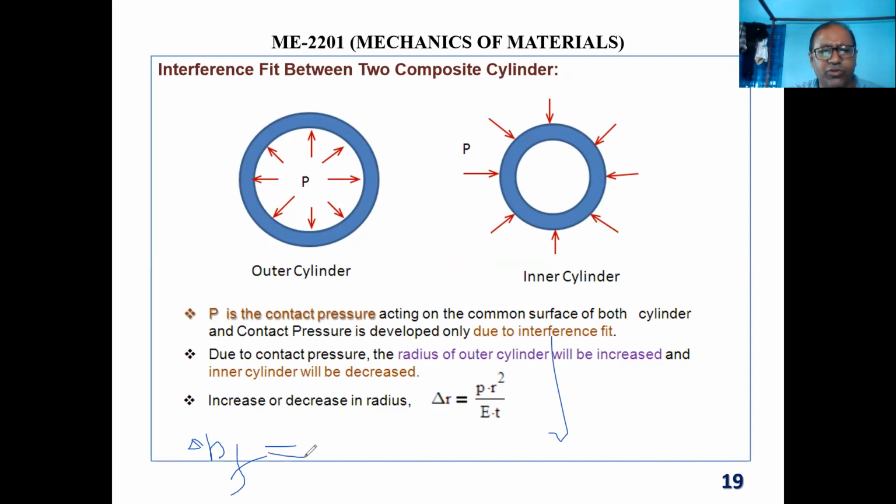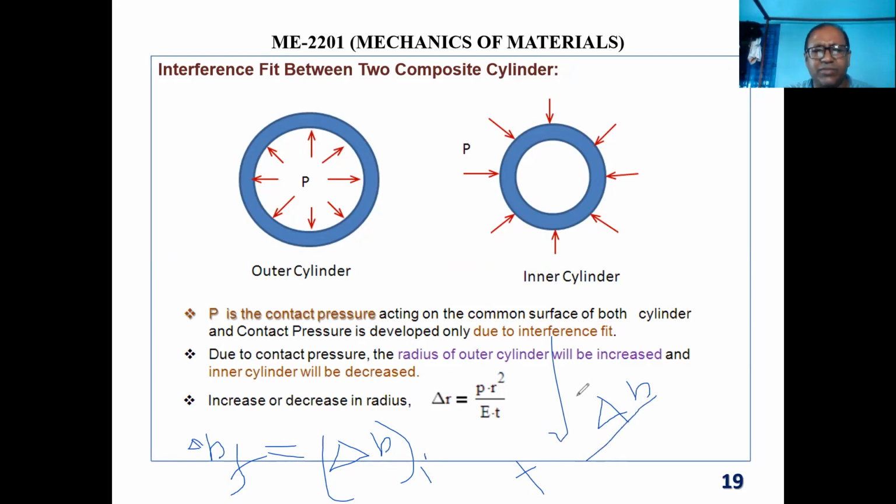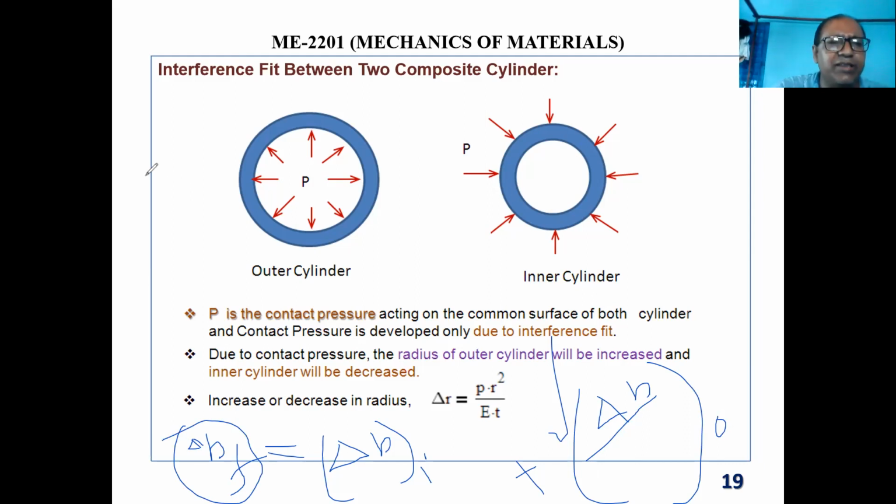So this equals delta R of the inner cylinder plus delta R of the outer cylinder. If this value is given, say the radius is 0.055 millimeter, or 0.005 millimeter, then from the equation you put it over here, we can figure out the contact pressure.